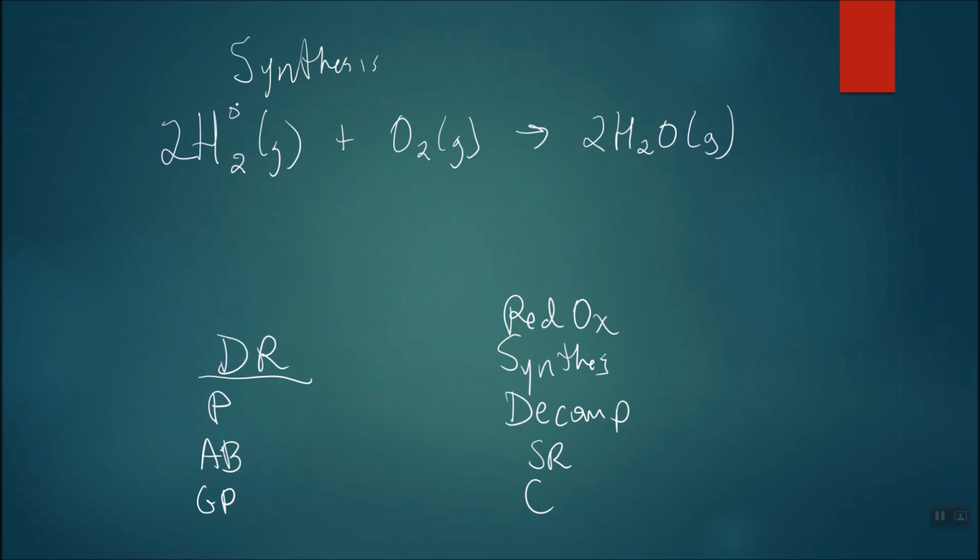Hydrogen in its natural state, 0. Oxygen in its natural state, 0. Hydrogen as part of a compound, plus 1. Oxygen as part of a compound, negative 2. So hydrogen is going from 0 to 2H positive. It's going up. That's called oxidation.